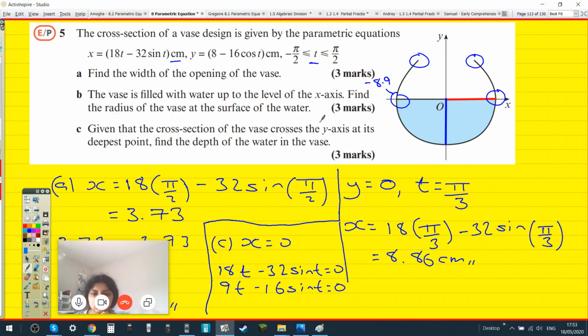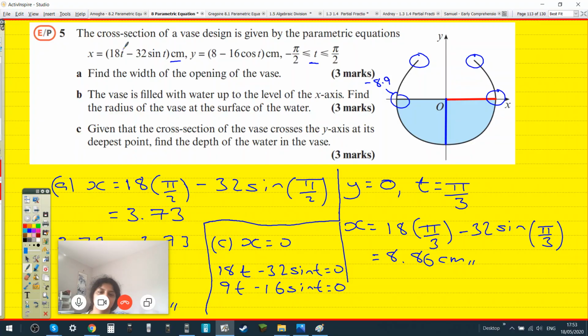Given that the cross is at the steepest point, find the depth of the water at this point. One way is it's when x is 0, so we could find t.